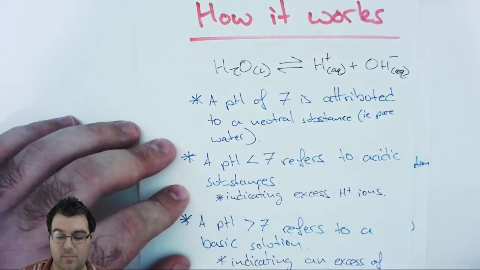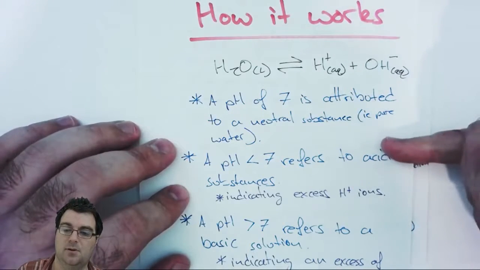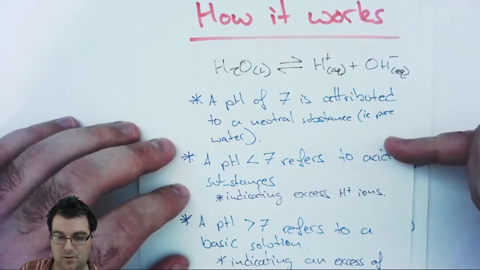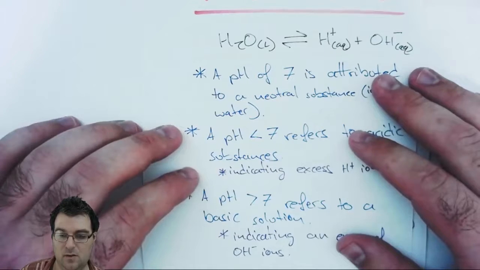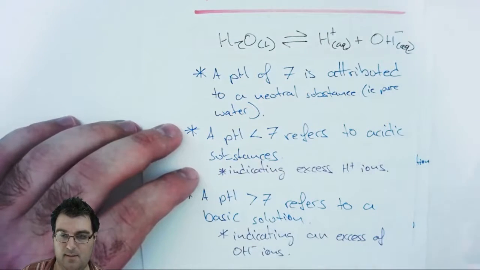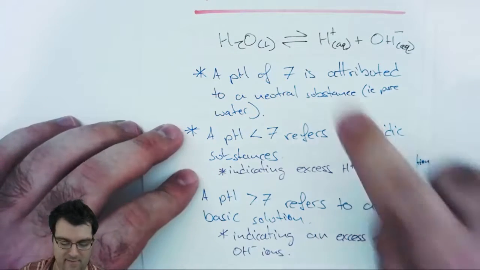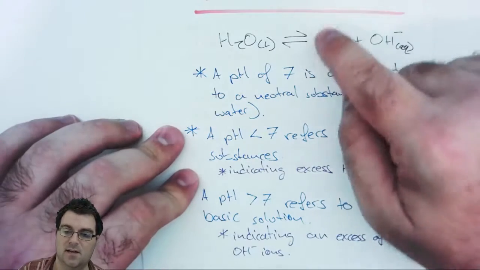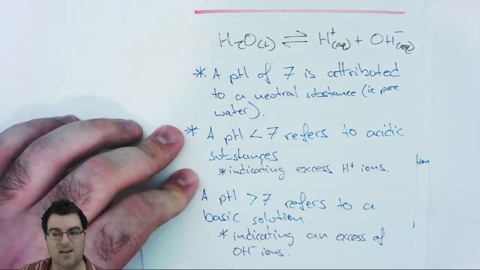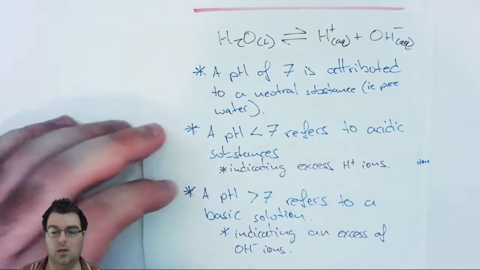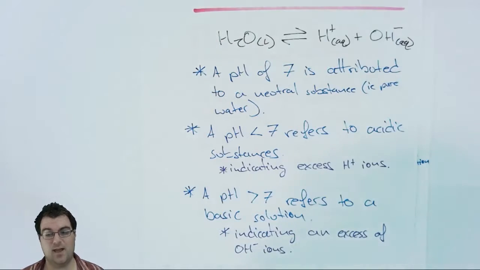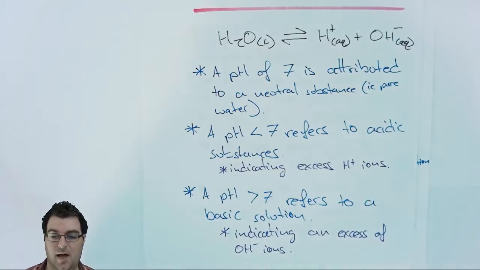Now, when we have a pH of 7, that's attributed to what we call a neutral substance, i.e. pure water. But when we have a pH below 7, that means we have extra hydrogen ions in solution, an excess of hydrogen ions or hydronium ions. Likewise, when a solution is greater than 7, that indicates we have an excess of hydroxide ions.